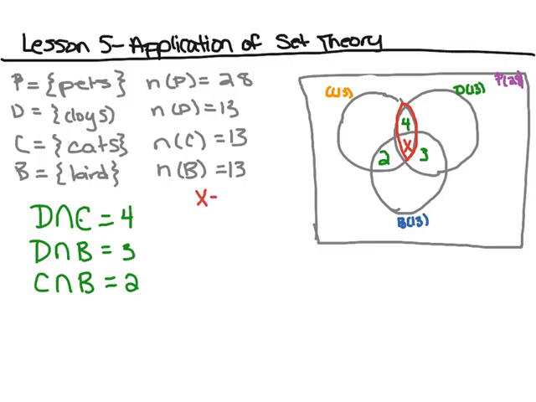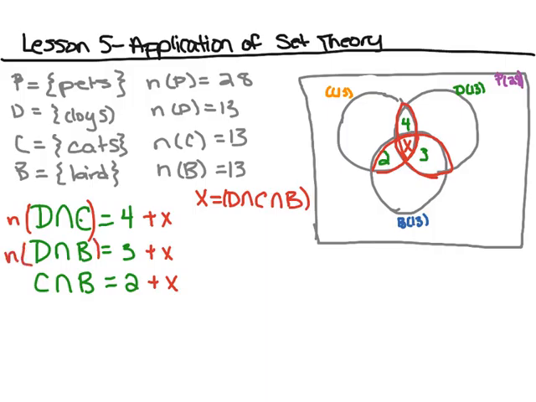So we're going to say X is the people who have a dog and a cat and a bird. So the intersection between dogs and cats would be 4 plus X. For dogs and birds, it would be 3 plus X. And for cats and birds, it'd be 2 plus X.